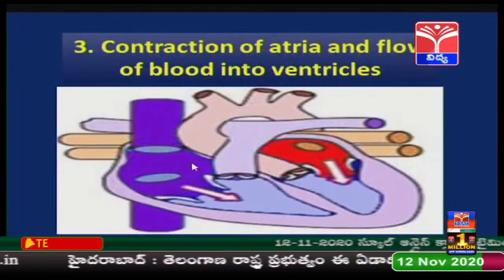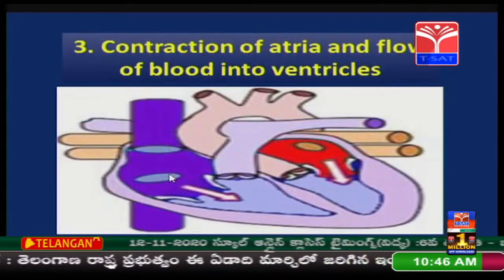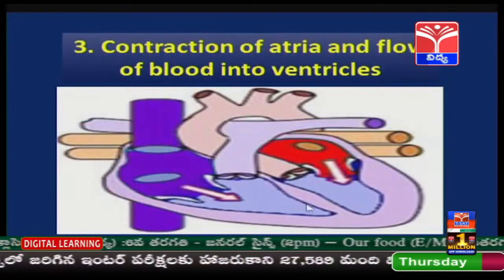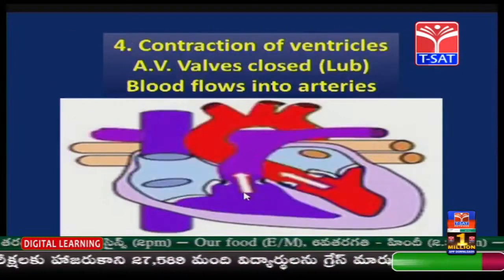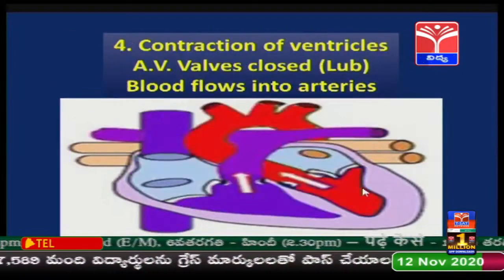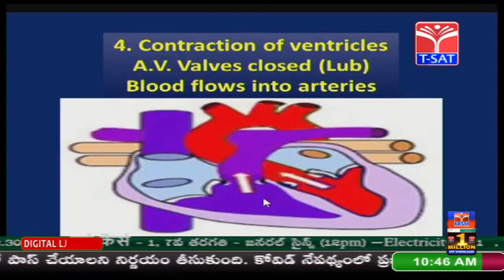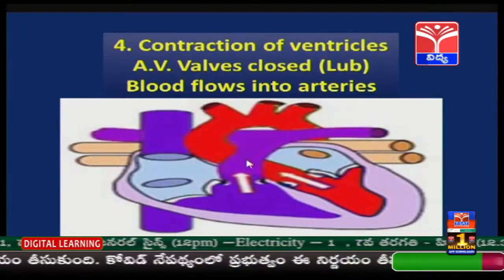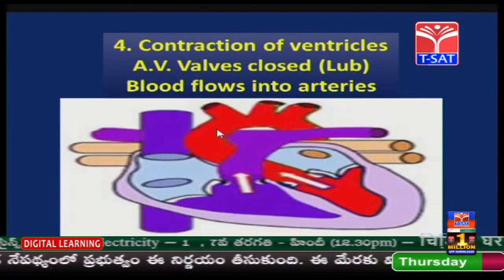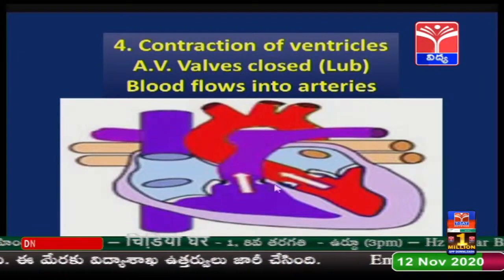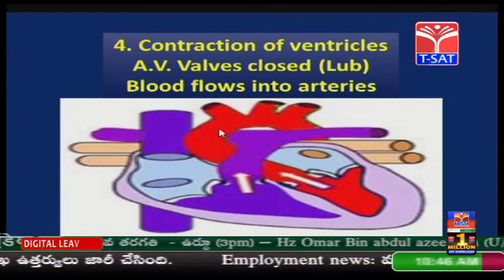When the atria are filled with blood, they start contracting and send blood to the ventricles. When the ventricles are filled with blood, they start contracting and the blood from the right ventricle flows into the pulmonary artery, whereas the left ventricle pumps into the aorta.